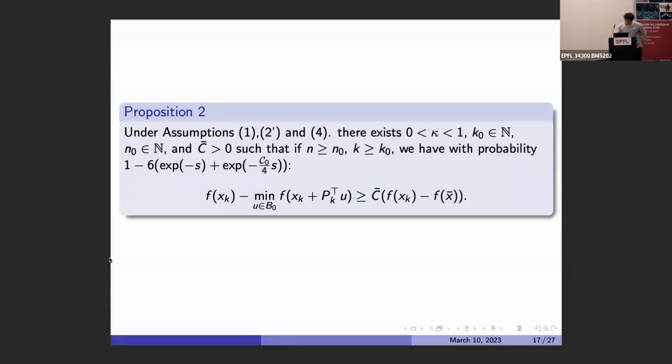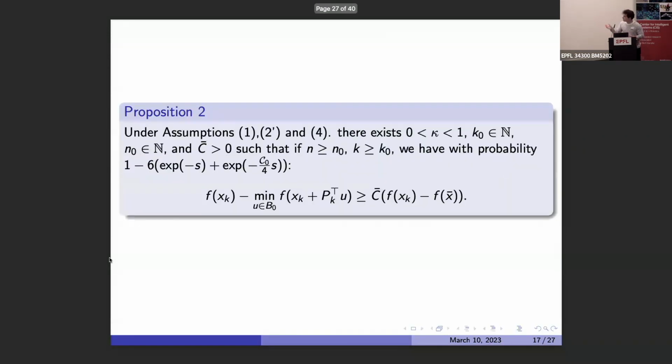And also, what we need is to say that f of xk minus the minimum of the function on the current subspace is not too far away from the true optimum. So f of xk minus the minimum value of f of xk plus Pk transpose u, where u is a variable, is bounded below by some constant times f of xk minus the value of the local minimum.